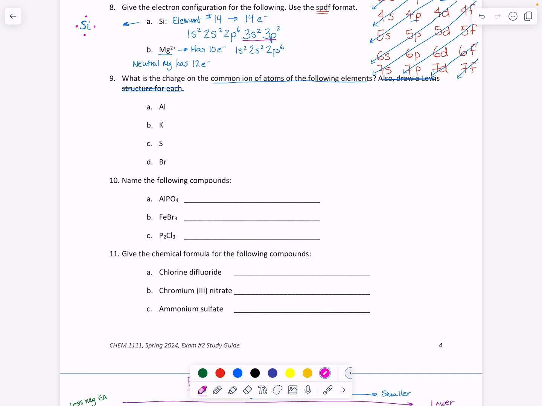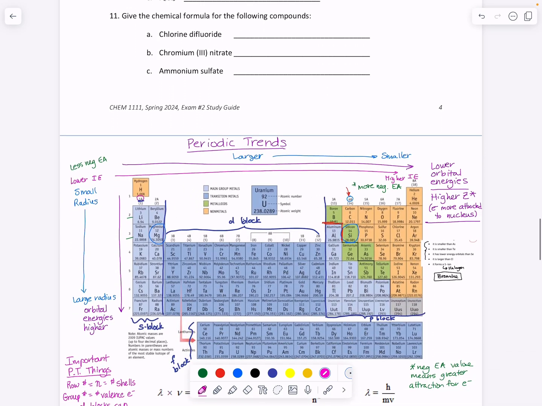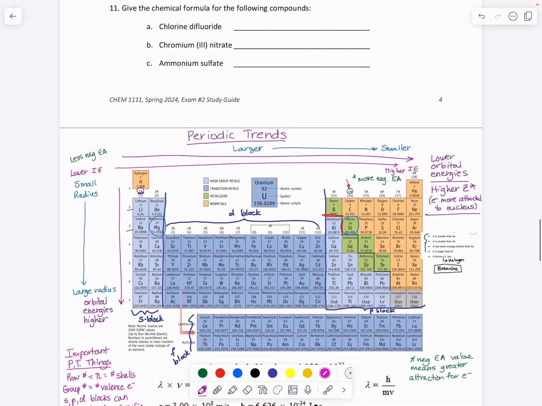All right, so let's get back to the common ions of the following elements. So we've got aluminum, potassium, sulfur, and bromine. If we look just at the position on the periodic table, aluminum is here, and aluminum is a metal.